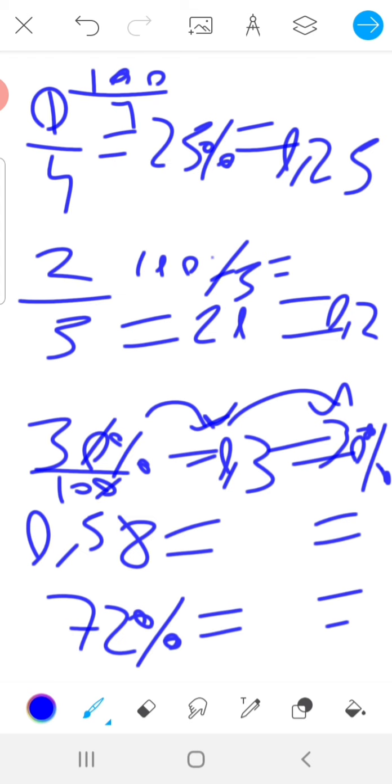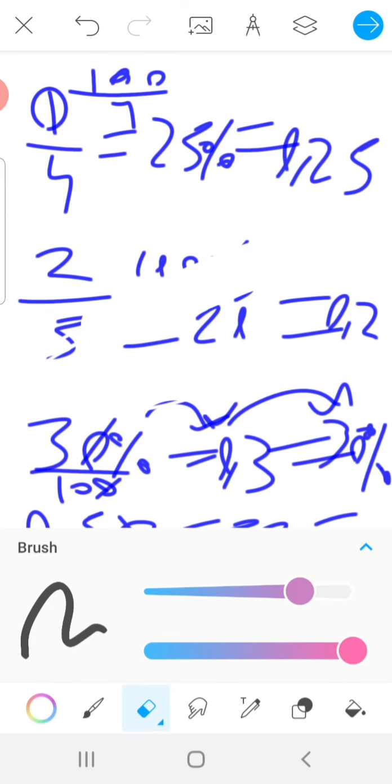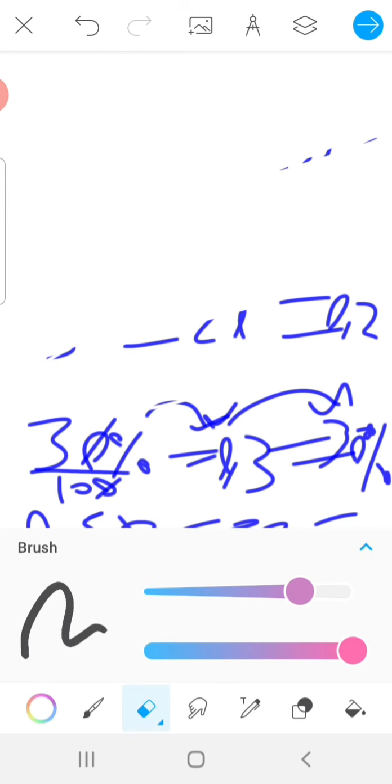And 0.58, as I said before, when you can divide by 100, you can probably also multiply by 100, which means that we do times 100 for the 0.58, which is equal to 58%, which also means 58 hundredths, but you need to simplify that somehow. So if you divide it by 2, for example, let me erase a little bit of stuff here that we don't need anymore, so I have space to show you.